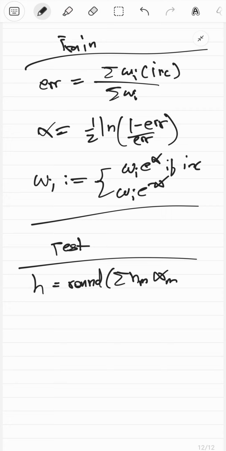Essentially it should be this upon summation of alpha sub m, because then it would make sense.